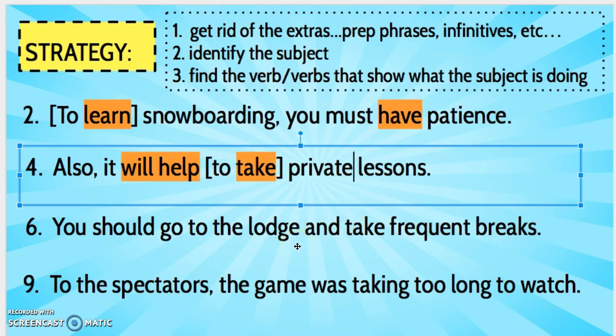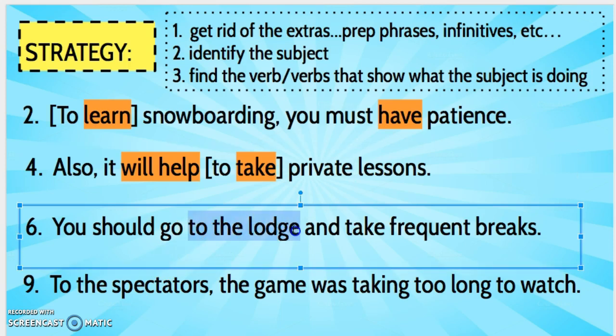Okay, so we should have gone through and finished the last two up. It says, you should go to the lodge and take frequent breaks. So if you're looking at this, hopefully you've picked up the fact that we have to the lodge, okay? I'm going to underline this because this is a prepositional phrase. You should go. So should go, those are both verbs.